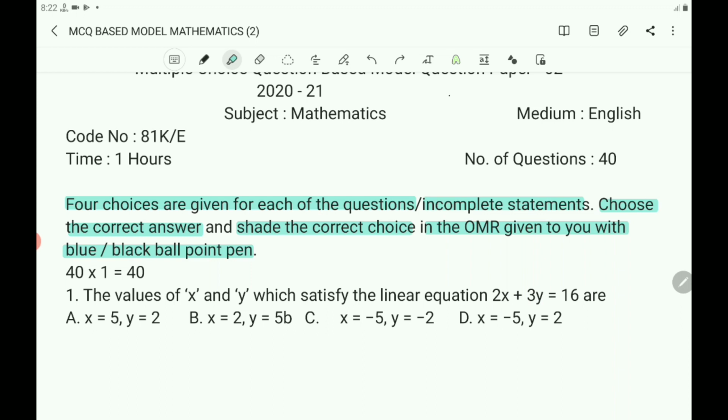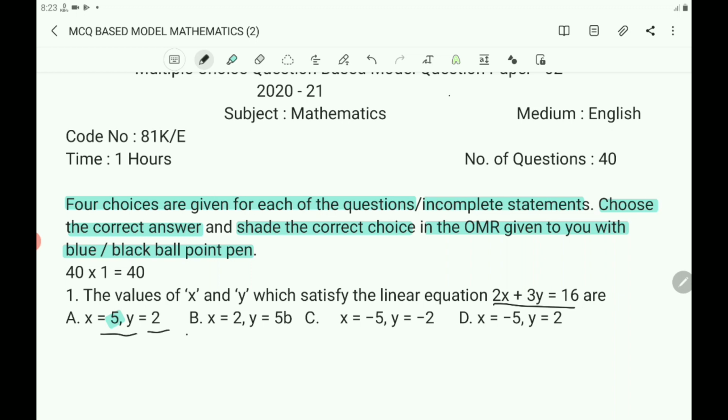Now you take value x equals 5 and y equals 2. So if you take x equals 5, it becomes 2 into 5 plus 3 into y value, you take 2. Then it becomes 2 5s are 10 plus 3 2s are 6, so you got 16. So the values x equals 5 and y equals 2 satisfies the equation 2x plus 3y equals 16.